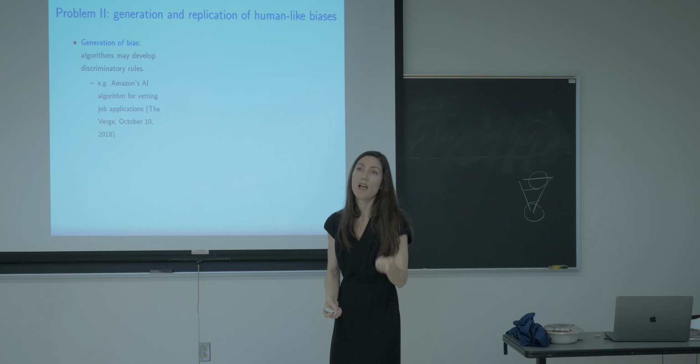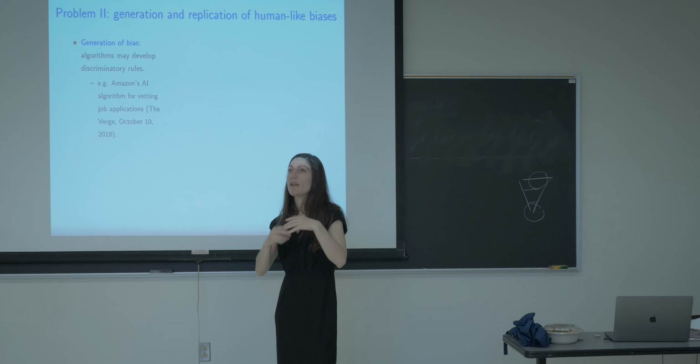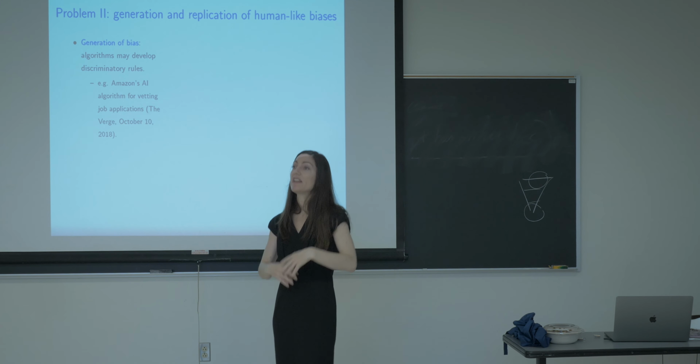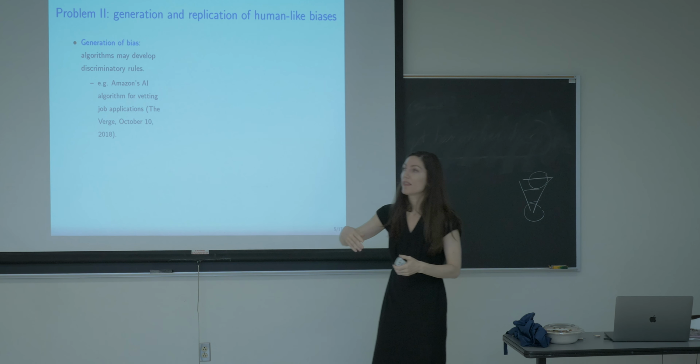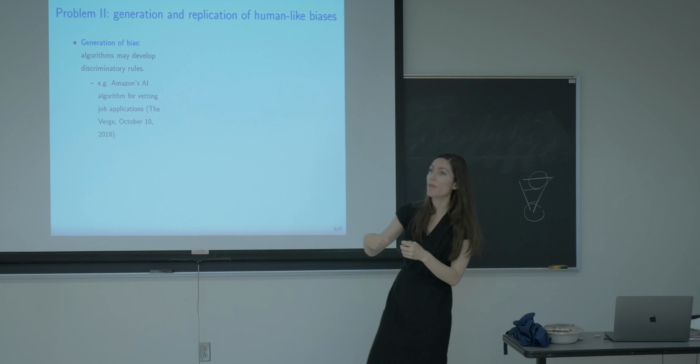So these biases that I'm going to be talking about can be generated completely in an unintentional manner, because the process through which some machine learning algorithms generate decision-making rules can be highly complex.